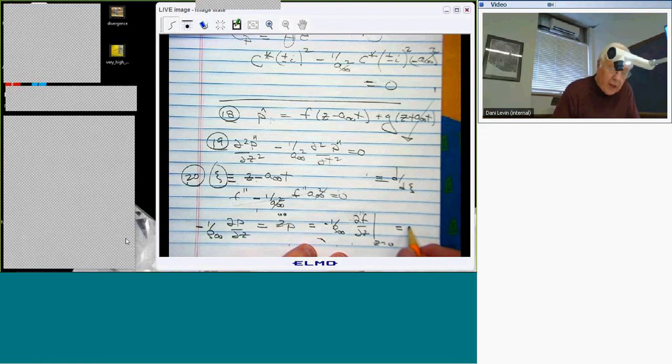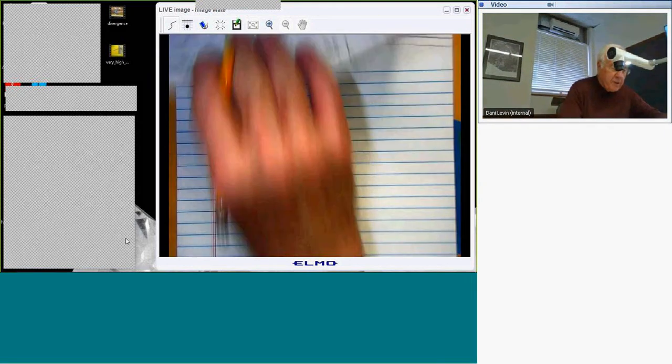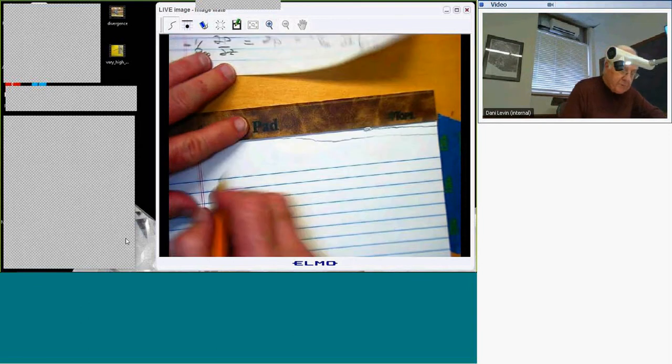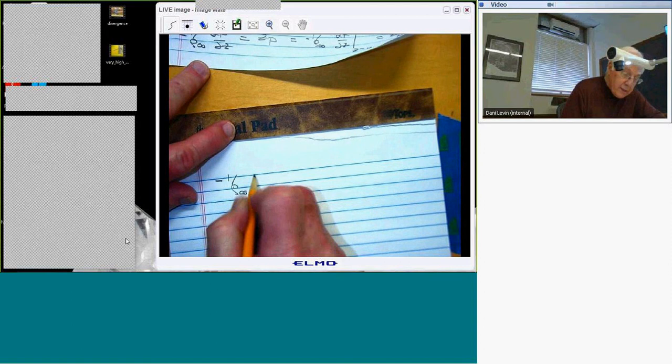Finally. Okay. Yeah, this will do the trick. Minus 1 over rho infinity dp dz equals z p double dot.